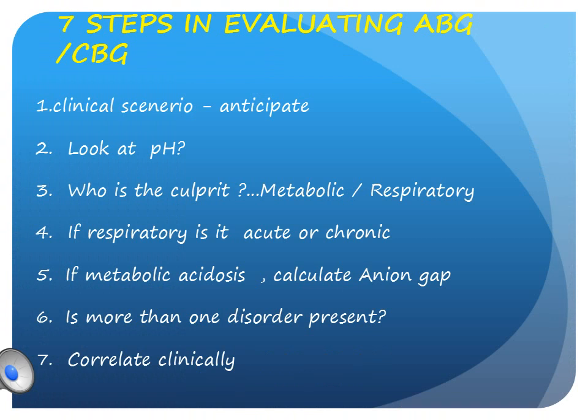The third step, is it metabolic or respiratory? The fourth step, if it is respiratory, is it acute or chronic? Fifth, if metabolic acidosis, calculate the anion gap. Sixth, is there more than one disorder? Seventh, correlate clinically. We'll discuss each step in detail.